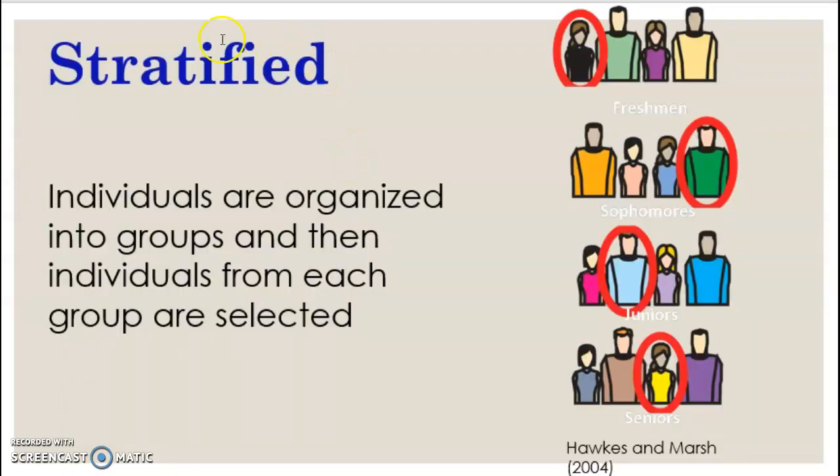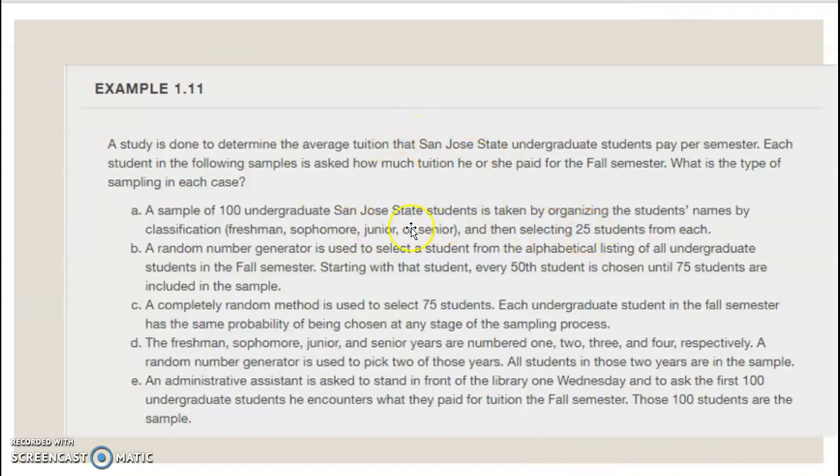The stratified study is organized exactly the same way: freshmen, sophomores, juniors, and seniors. And then you take an individual from each. So, stratified. A random number generator is used to select a student from the alphabetical listing of all undergraduate students in the fall semester.